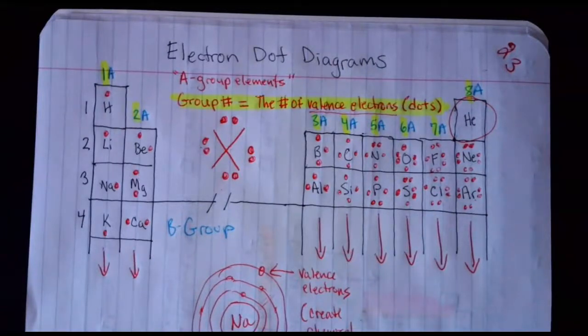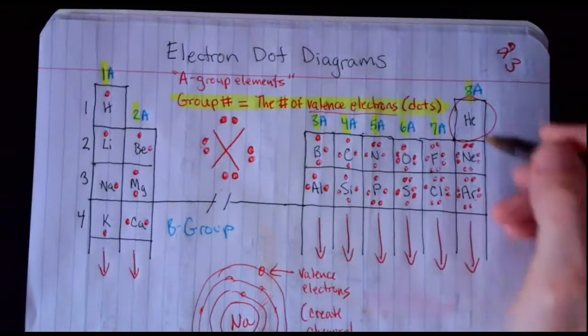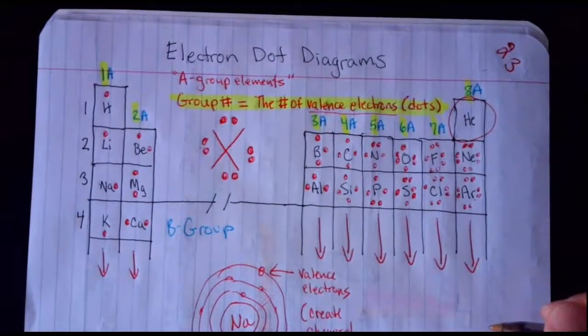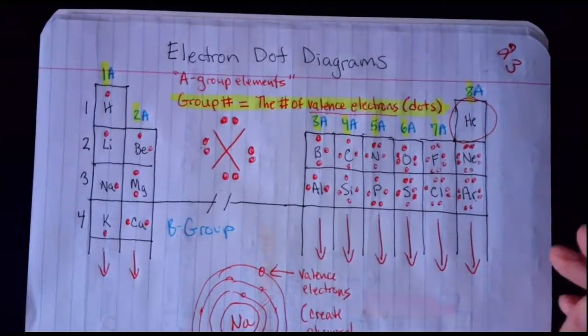And whenever I say can't, always take that with a grain of salt, because there are exceptions to every rule. But in general, anything in this column is not going to bond with other things. They're very inert. They don't react with things, okay?